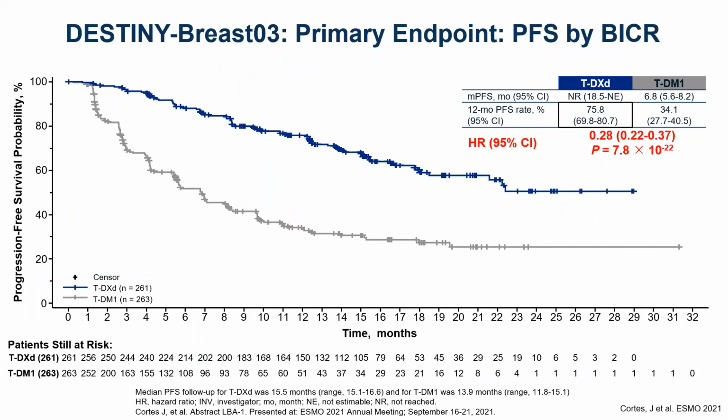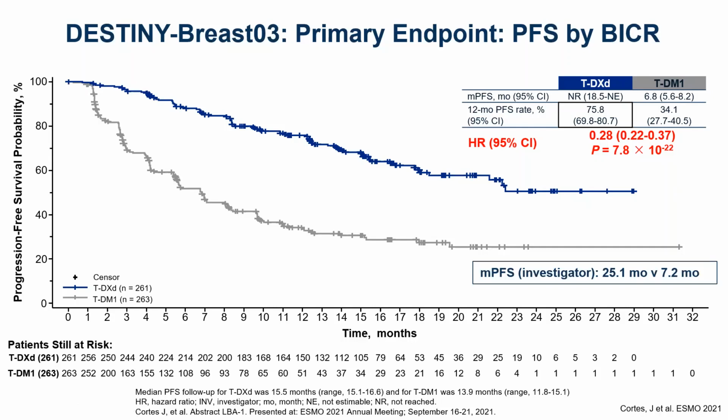Really phenomenal difference in the Kaplan-Meier curves, and you can march out the 50% time point here. For TDM1 it was 6.8 months median progression-free survival, and for the TDXD arm, it hasn't even reached the median time yet.